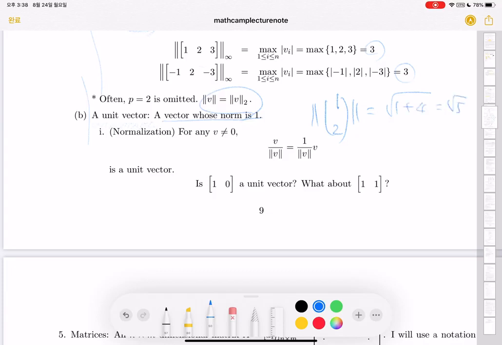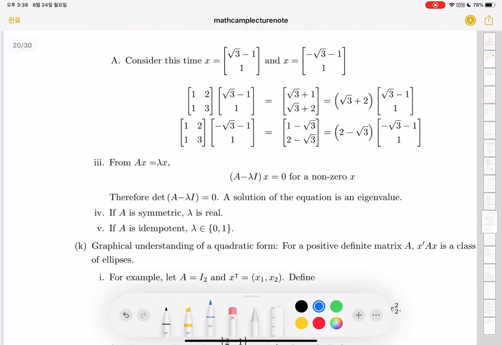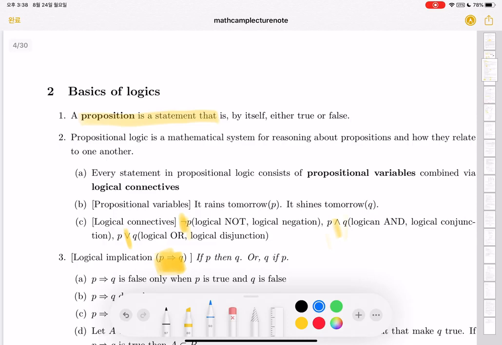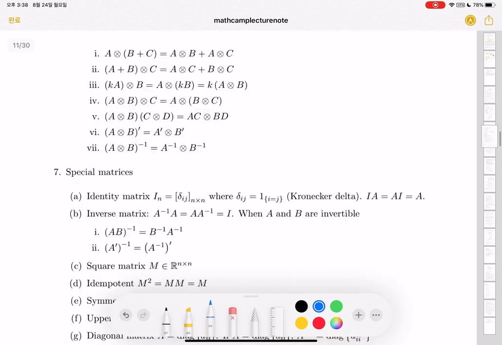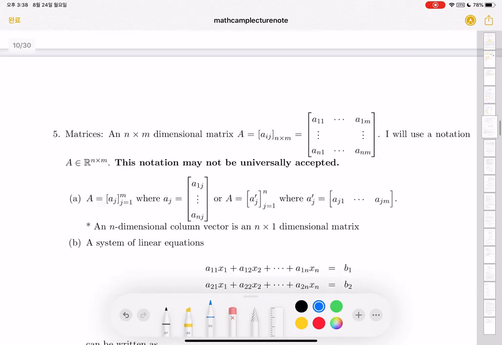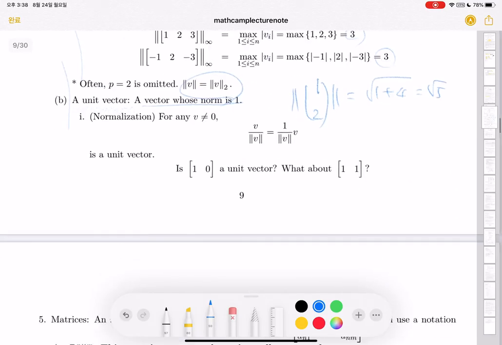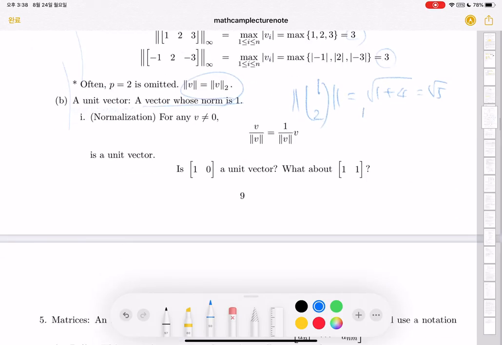So if you divide every element by the square root of 5, you get 1 over square root 5 and 2 over square root 5. This new vector is a unit vector.